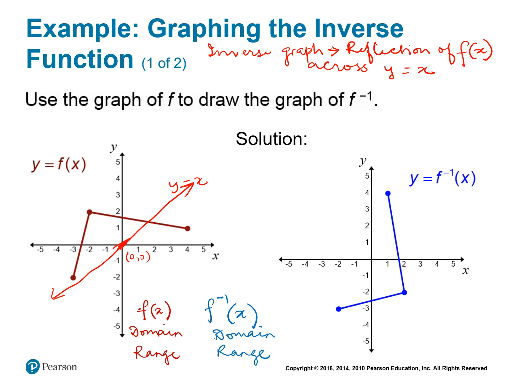What we learned was that the domain of the original function will become the range value of the inverse function, and the range value of the original function will become the domain value of the inverse function.